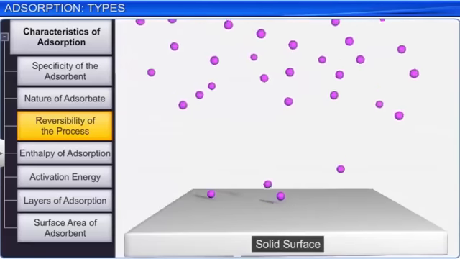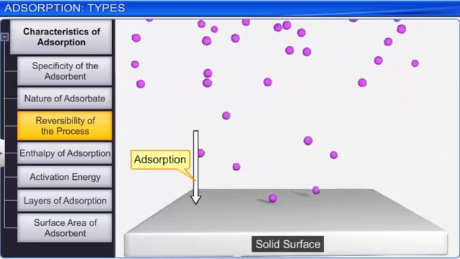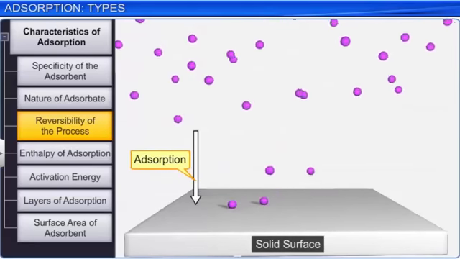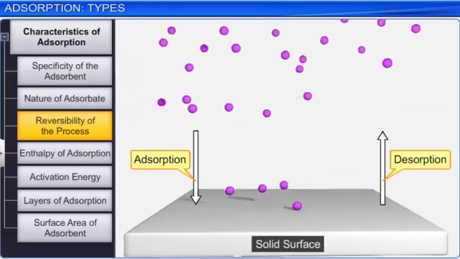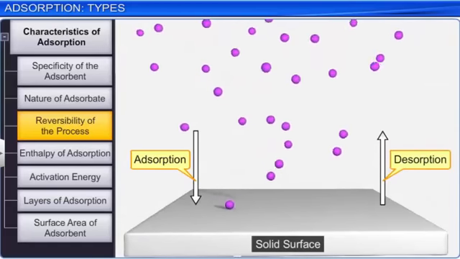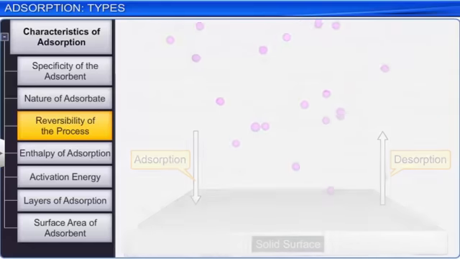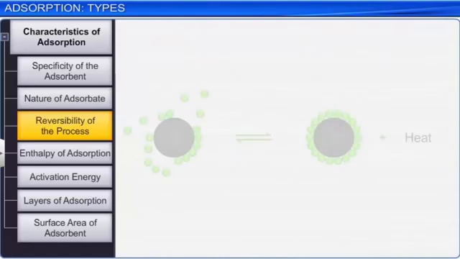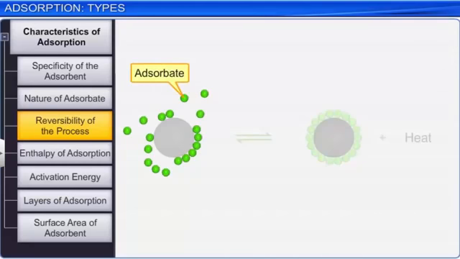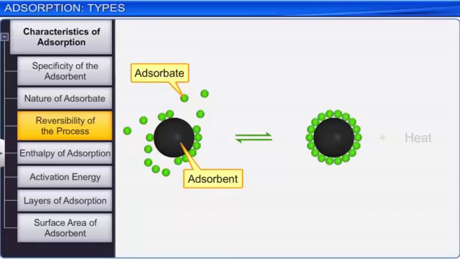The two opposite processes include the adsorption of gas molecules on the surface of a solid and desorption of gas molecules from the surface of a solid into the gaseous phase. You know that adsorption is an exothermic process. The equilibrium can be represented as gas, the adsorbate, plus solid, the adsorbent, in equilibrium with the gas adsorbed on the solid plus heat.